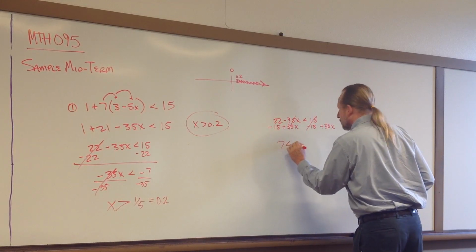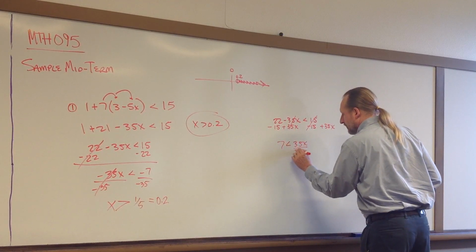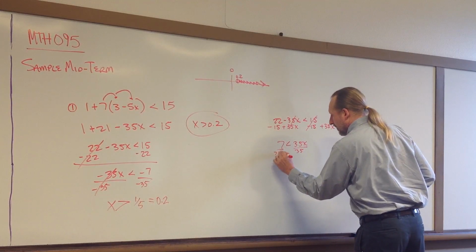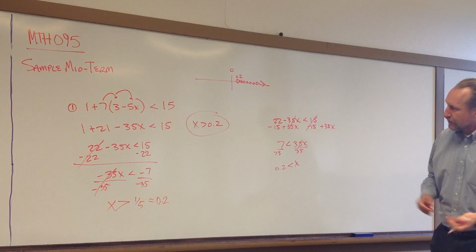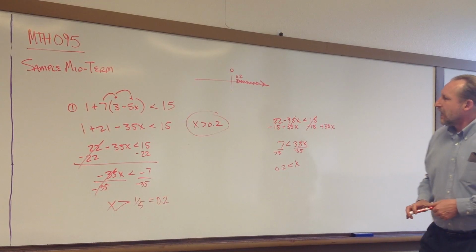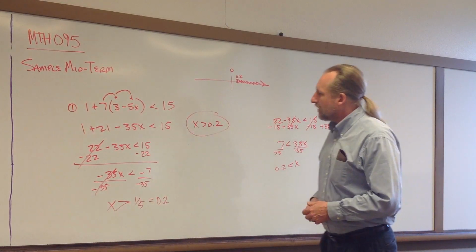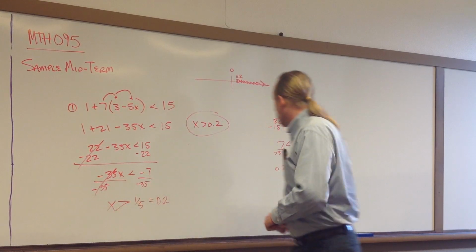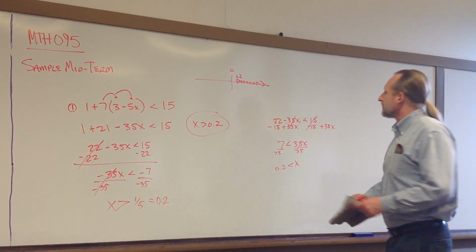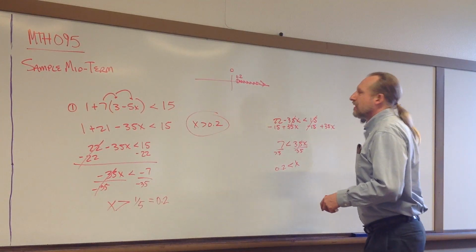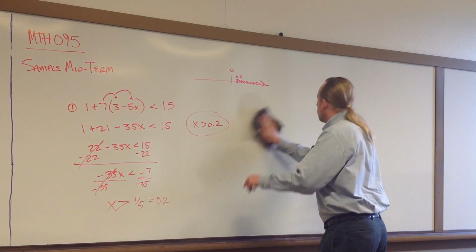And that saves you the trouble of having to remember to flip that sign around. X greater than 0.2. You still get the same answer. I usually do it that way just because I don't like to mess with the negative coefficients there, but there's nothing wrong with it. I'm not even sure really why I do that. But okay, that's problem one.